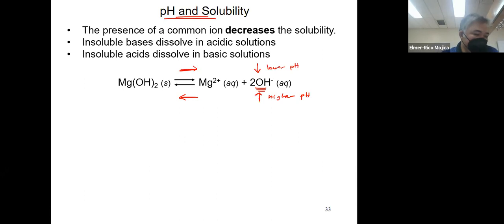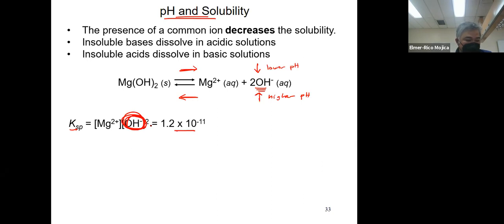Now the question is, okay, I want to know at what pH this will be affected. So what do I look at? The Ksp, so that I can determine at what hydroxide concentration the pH is affected.